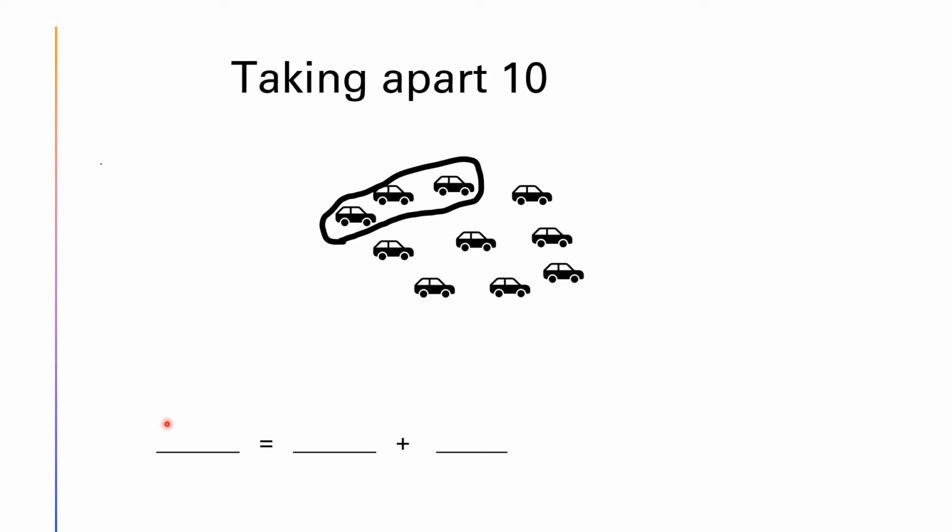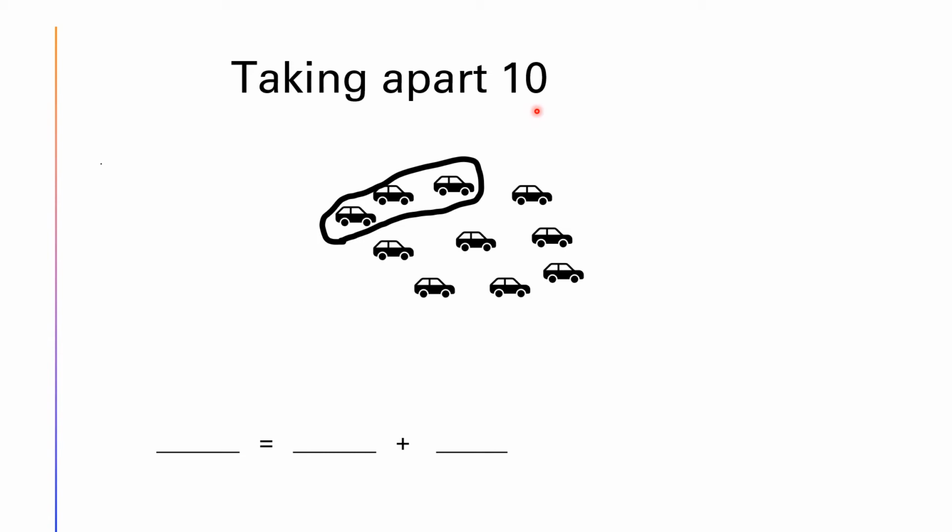Now this equation looks a little bit different than our last one because it starts whole equals part plus part. We know what the whole is already, right, kindergarten? What's the whole going to be? Kiss your brain, kindergarten. You're so on top of things.